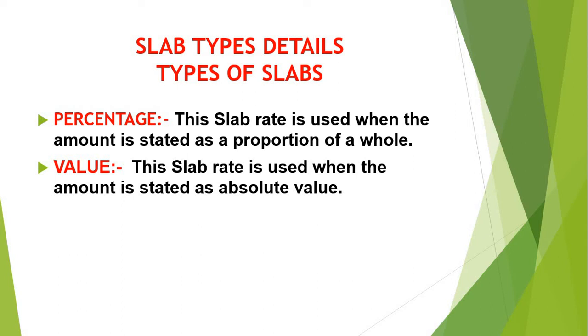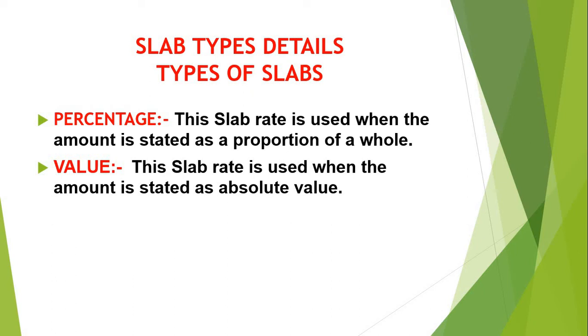This slab rate is used when the amount is stated as a proportion of a whole. For example, 10%, 5%, 15%, 20% on basic salary. So you have to fix the percentage.